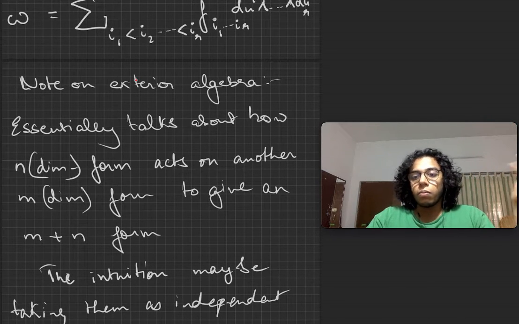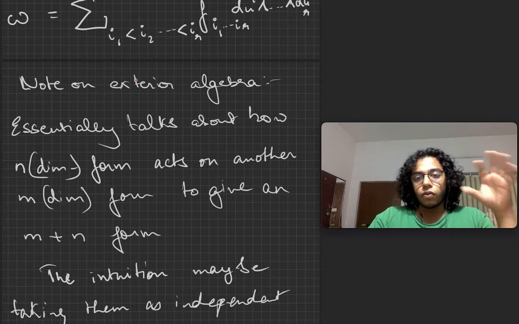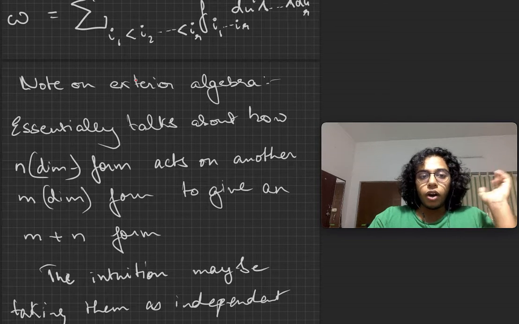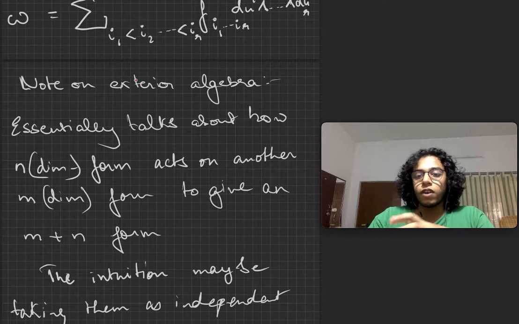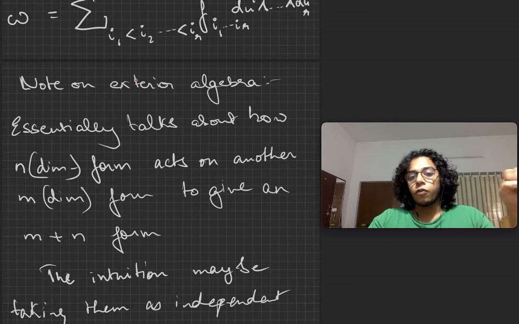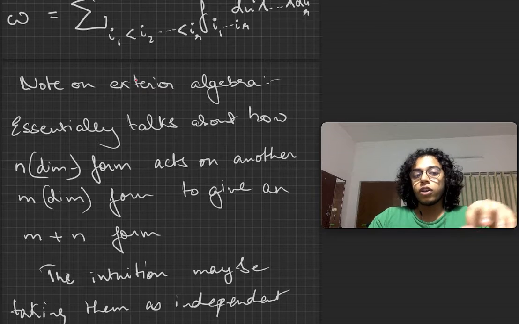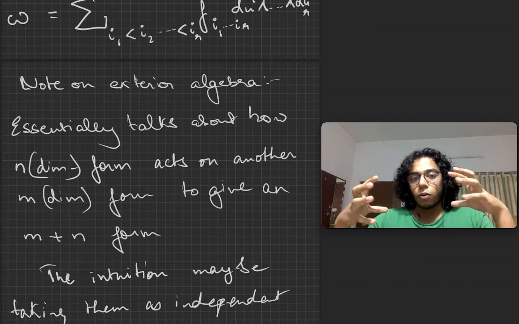So you have an n dimensional form of a manifold of say r dimensions, and an m dimensional form of a manifold of s dimensions, and there is some kind of a flow or linking between these two to give you a new m plus n dimensional form, right?